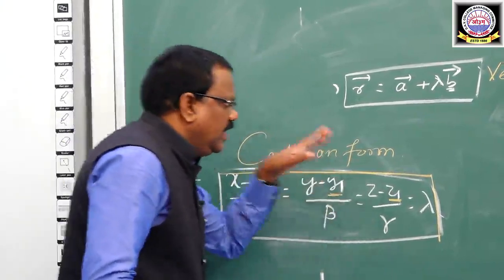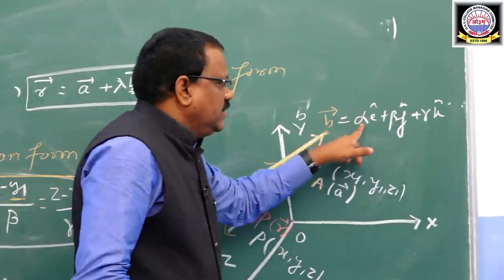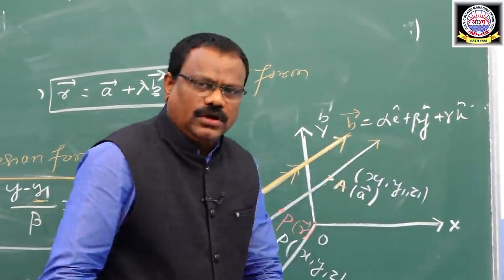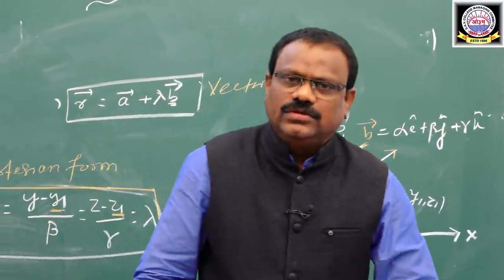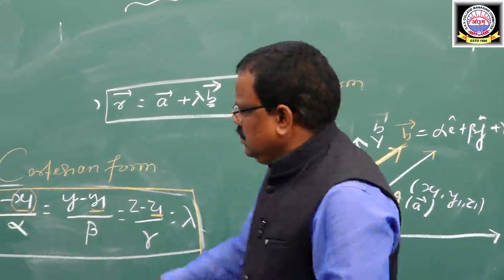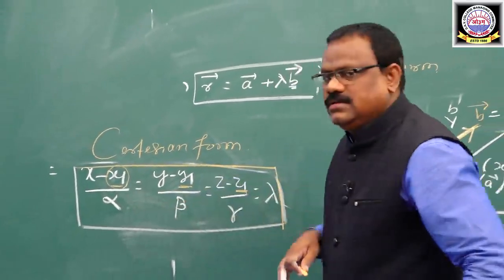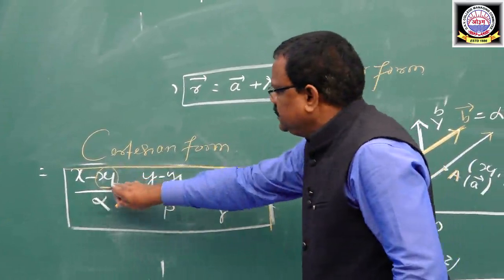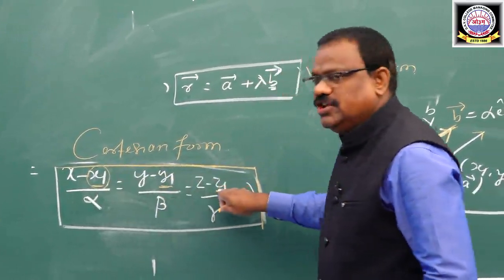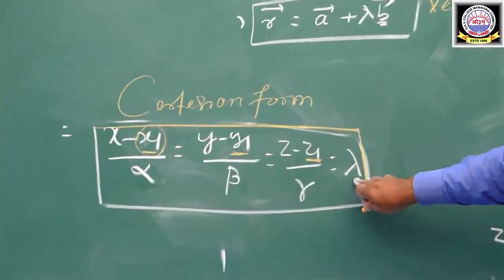Alpha, beta, gamma is the direction ratio of the vector which is parallel to the given line or the required line. So alpha, beta, gamma is in the denominator and the fixed point coordinates are in the numerator, and it is equal to lambda, that is a constant.